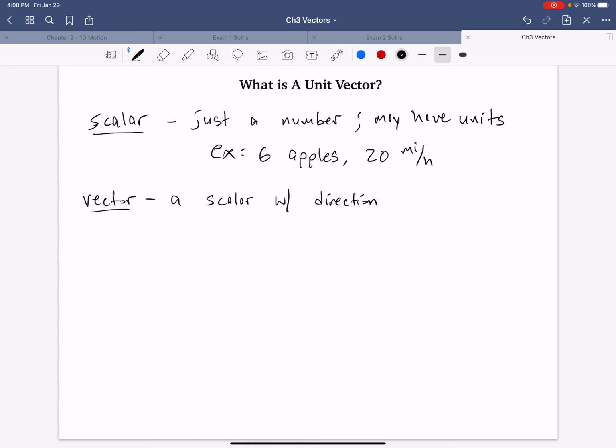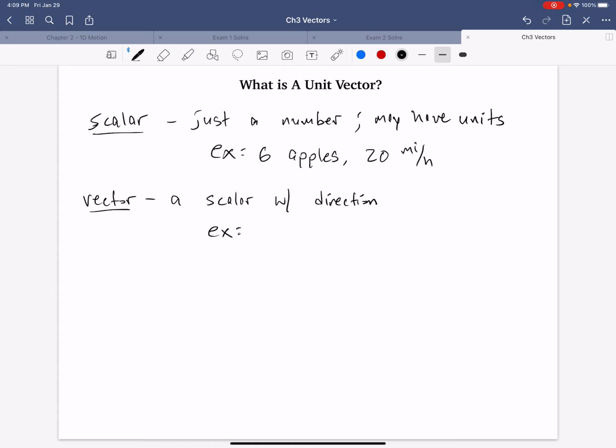And this direction can be specified however. Along the x direction, along the y direction, 20 degrees north of due east. However you specify a direction, that scalar becomes a vector.